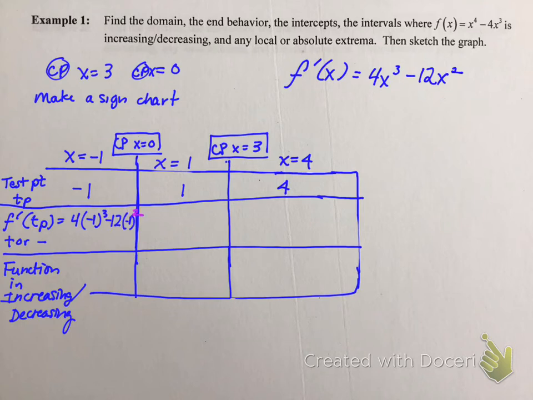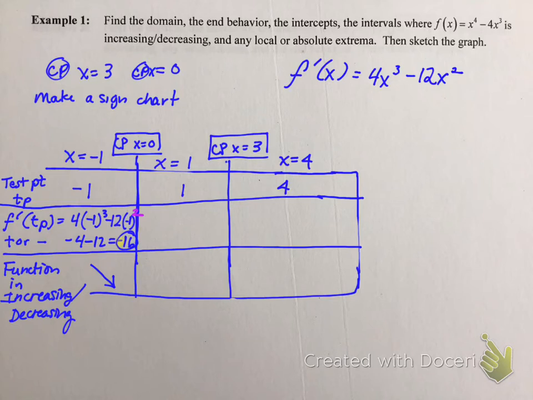If I take -1 cubed, I get -1, so basically -4. And -1 squared is a positive 1, and 1 times -12 is -12. So I basically get -16. This is negative, so that means my function is decreasing. Function is decreasing because it's negative.